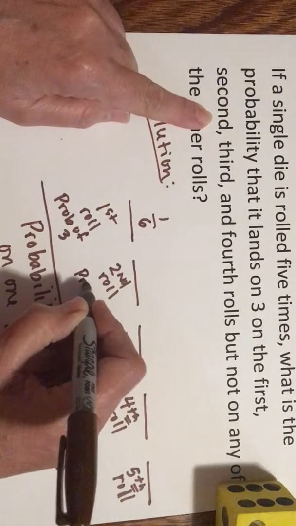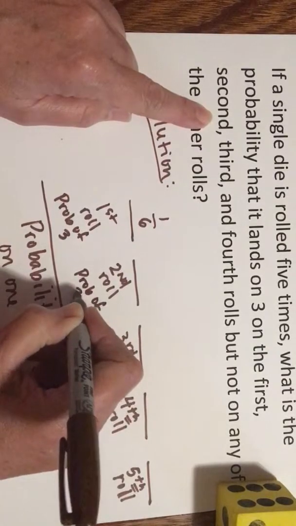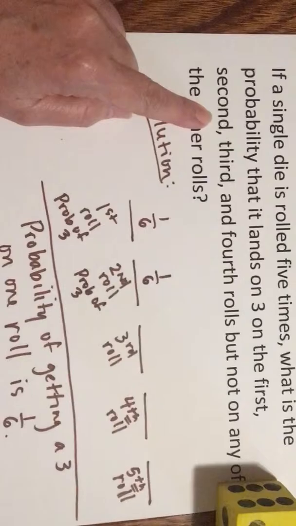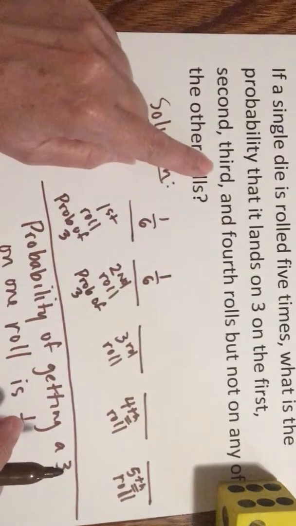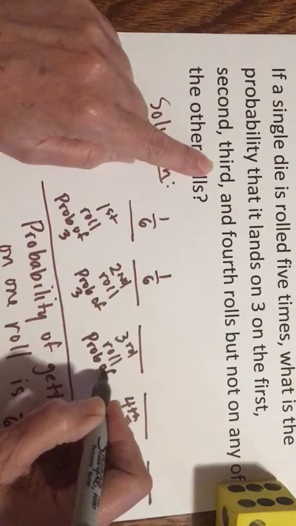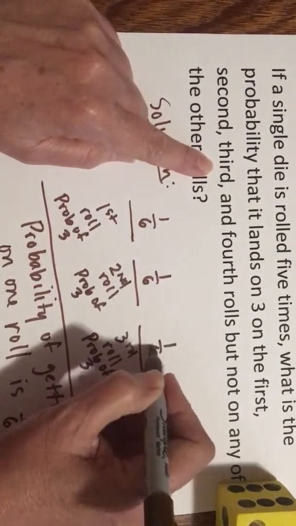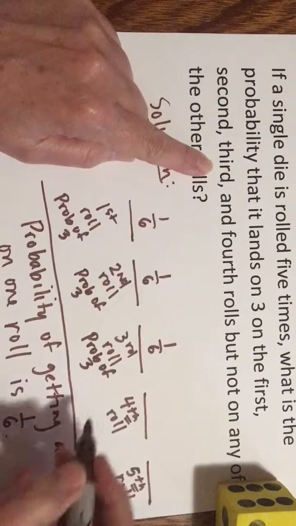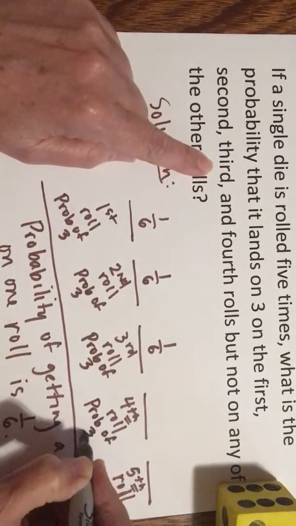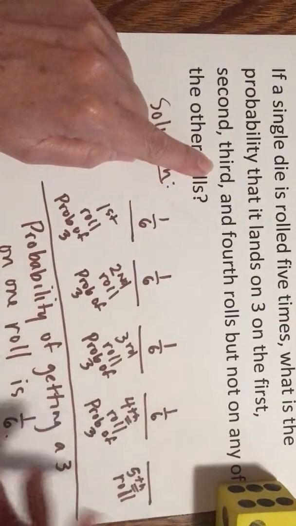Well, the probability of 3 on the second roll is 1 over 6. The probability of 3 on the third roll is 1 over 6. And the probability of 3 on the fourth roll is 1 over 6.